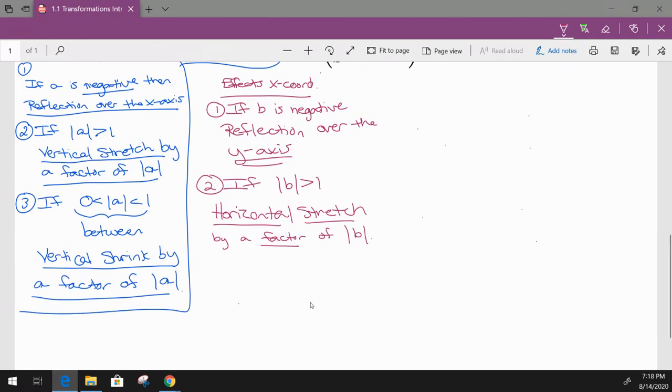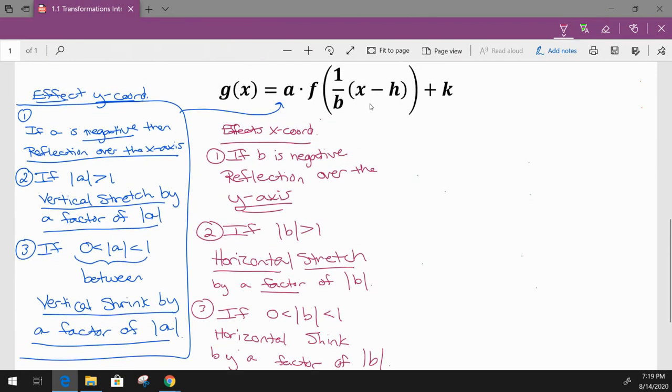The third thing that B is also responsible for, if the absolute value of B is between 0 and 1, then it's going to be a horizontal shrink by a factor of, again, the absolute value of B. So if we think about a value that's between 0 and 1, like 1/2, dividing 1 by 1/2 is actually going to be the reciprocal of 1/2, which ends up being 2.